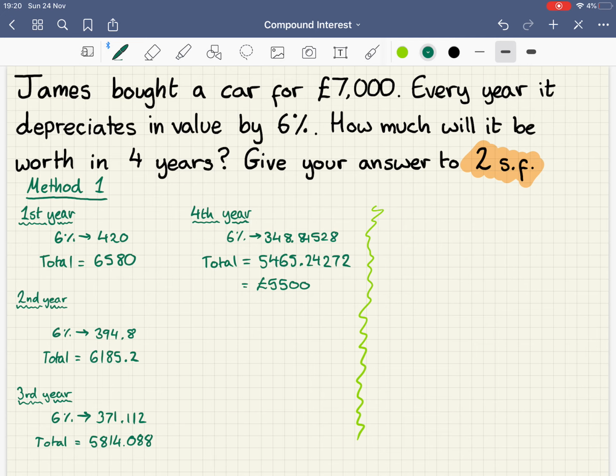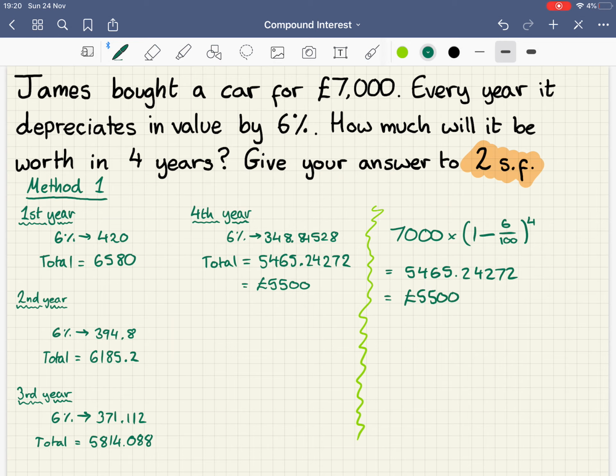And if you were using the formula, you should have written down 7,000 times 1, because it depreciates, it's a minus 6 over 100, all to the power of 4. And again, it will firstly give you this long answer, and again, you would round it.